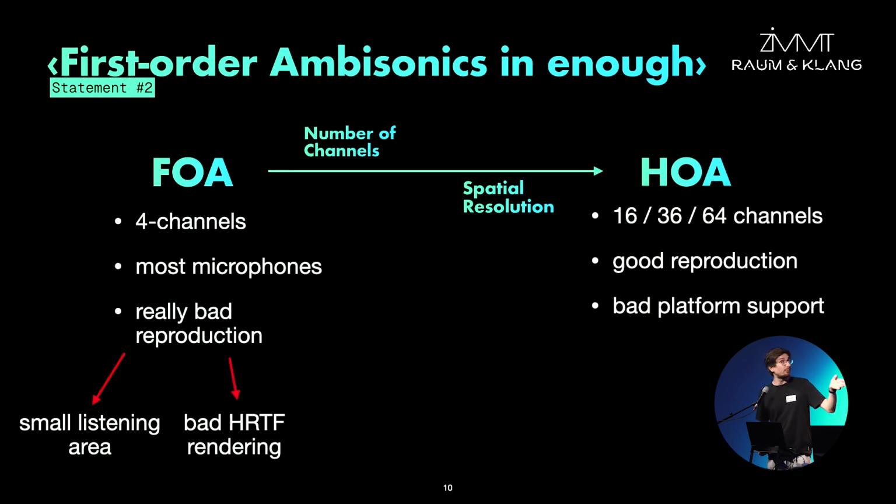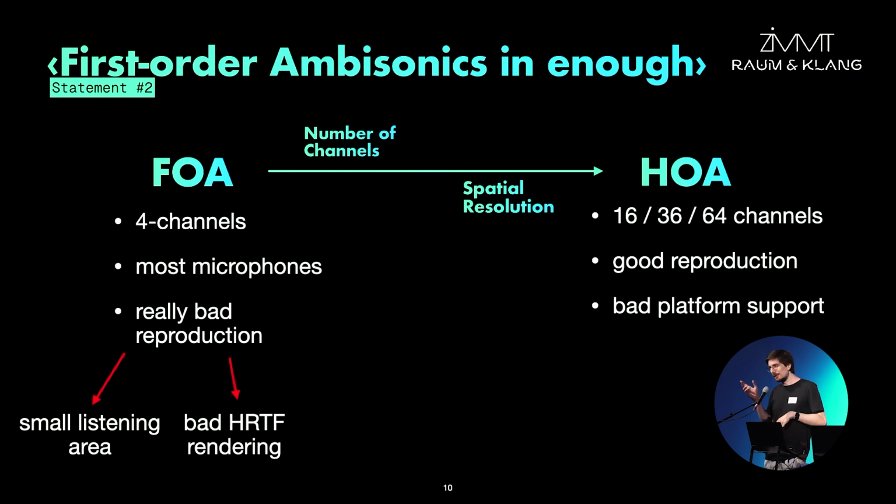On the other side, we have higher order Ambisonics. For example, for third order Ambisonics, we need 16 audio channels. We go up to 5th order with 64 channels, and it goes higher and higher from there. So you need more memory and so on to get a really good reproduction. And you have that bad platform support I was talking about. Unity doesn't have it. Unreal Engine middleware like FMOD lacks Ambisonic support.